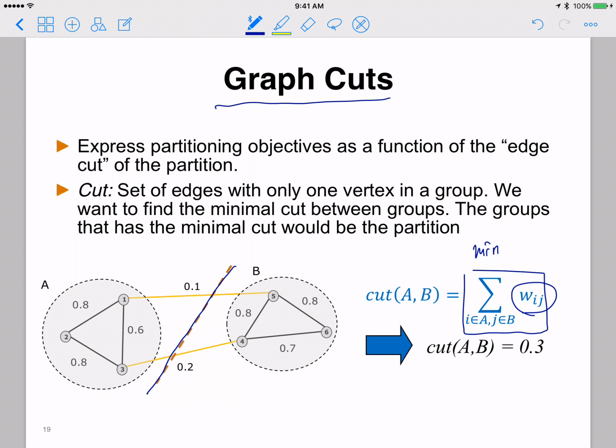And then we just compute the total sum of the edge values. Okay, so this is the definition of the volume of A.